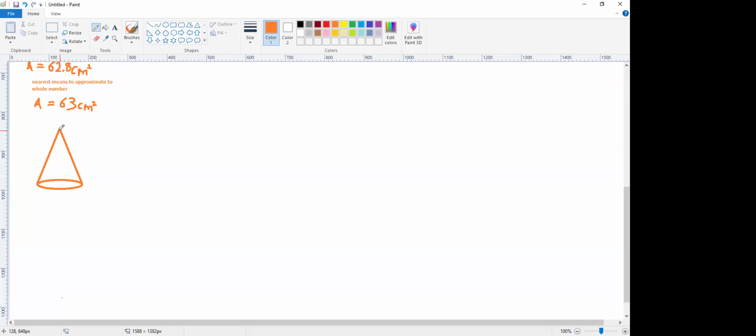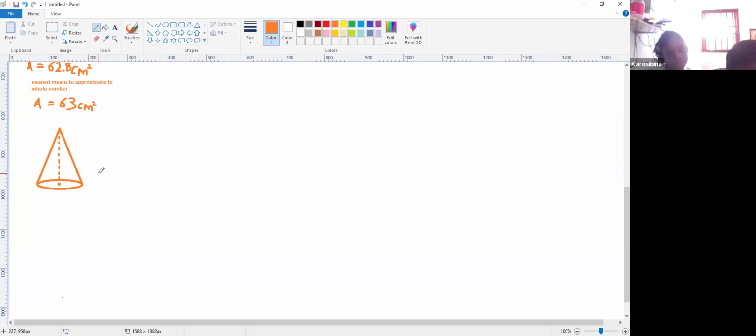I'm cutting it along the vertical, along the height, where my pencil is, straight through the middle, up to the place where the circle is, and I stop. Who can tell me what I would see when I cut it like that?